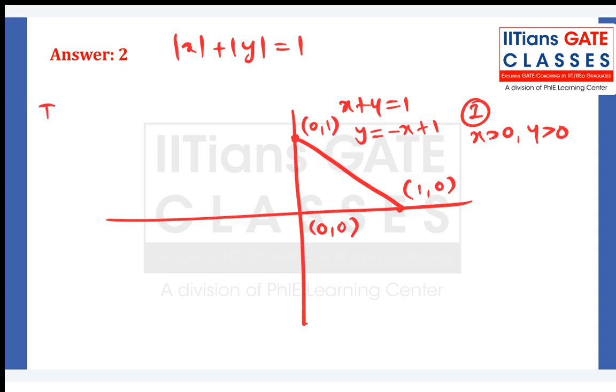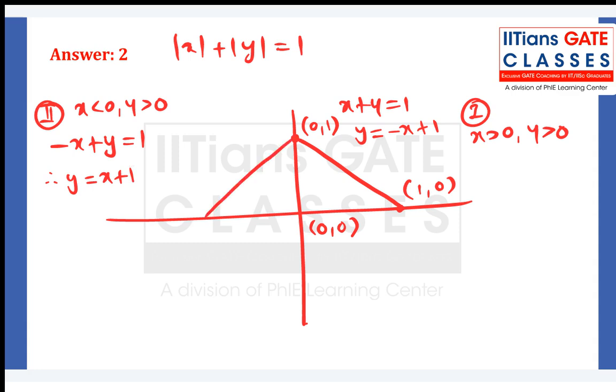In the second quadrant, what happens? X is negative but y is still positive. In that case, mod x will be minus x and mod y will be just y, equal to 1. So your line is y equal to x plus 1. That means it is a line with positive slope and the intercept of 1. It will be something like this, and here x will be minus 1, y will be 0.